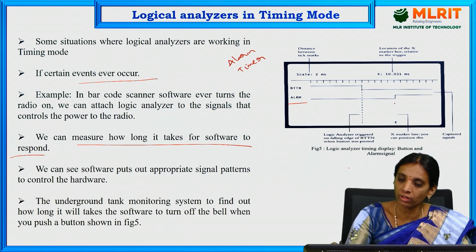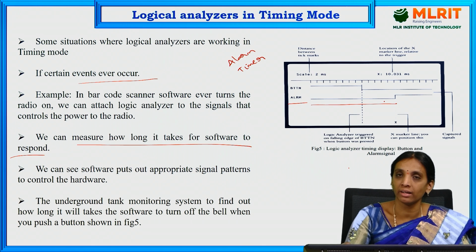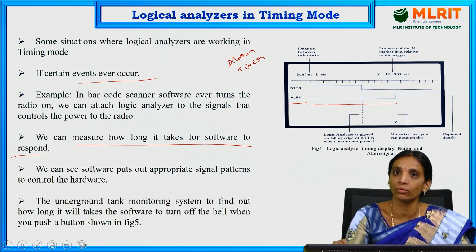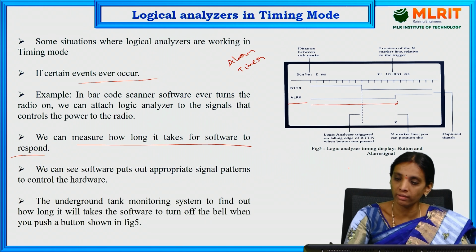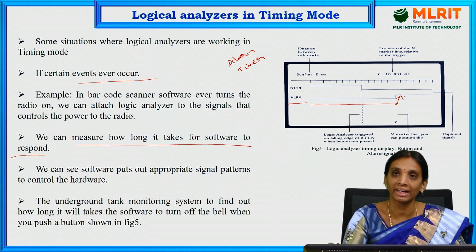Here this alarm signal will be in the low level. Whenever the processor responds, or whenever the instruction is executed on the processor to display some information on the logic analyzer, then this alarm signal goes on, which is the high level.